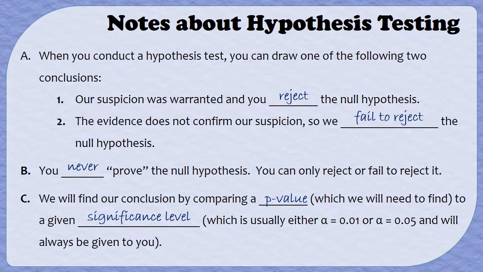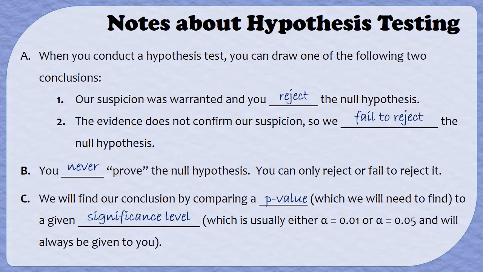When we use the 0.01 level of significance, we're saying that if the characteristic happens less than 1% of the time, it's weird. If we use alpha equals 0.05, that's the 5% level. We're saying if it happens less than 5% of the time, we're going to call it weird.